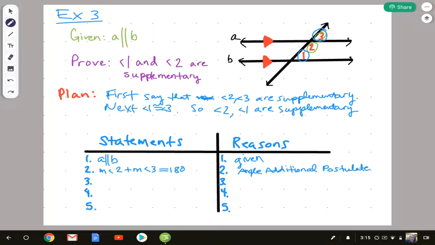Okay, and then I'm going to try to bring in the next part that we said, angle 1 is congruent to angle 3. But since we're talking about measures of angles, I'm just going to go ahead and use, say, measure of angle 1 equals measure of angle 3. And I'm going to say the reason for that is the corresponding angles postulate.